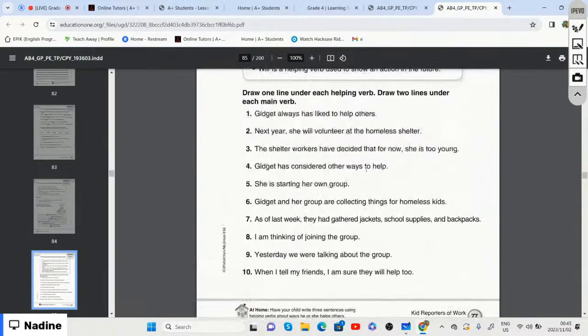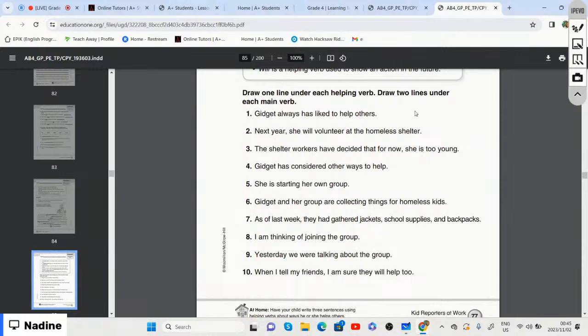So now if we look at the first sentence, right? We are now going to select the helping verb as well as the main verb within the sentence. So number 1 says Gidget has always liked to help others. Let us identify the helping verb within the sentence. Only the helping verb.